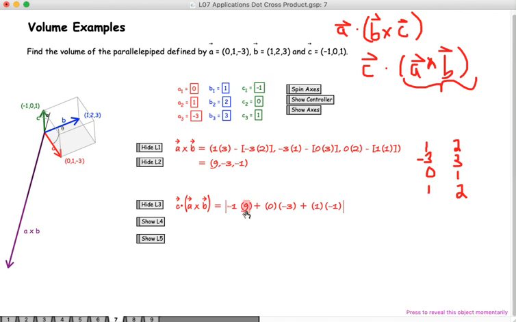So negative 1 times 9 is negative 9. 0 times negative 3 is 0. Positive 1 times negative 1 is negative 1. That gives me the absolute value of negative 10, which is positive 10. So our third example was the volume of a parallelepiped.